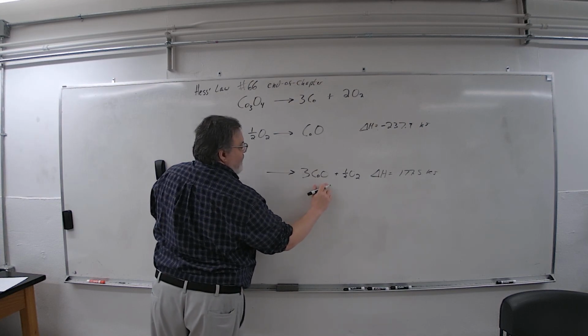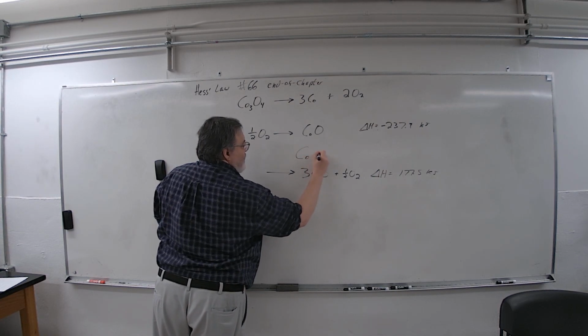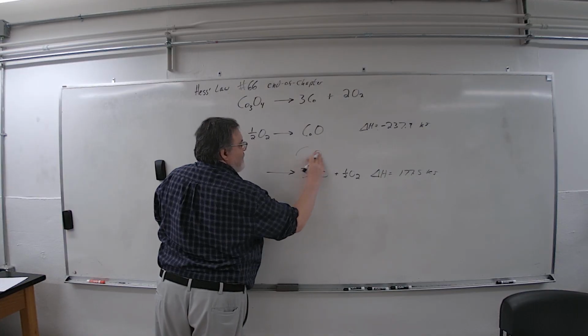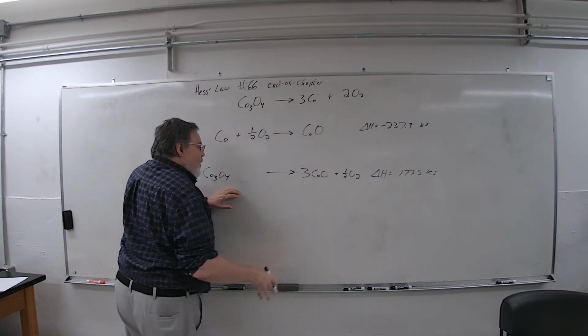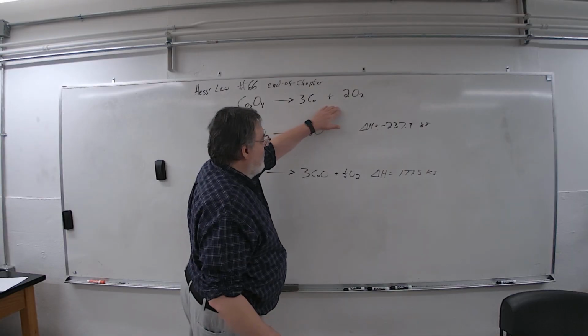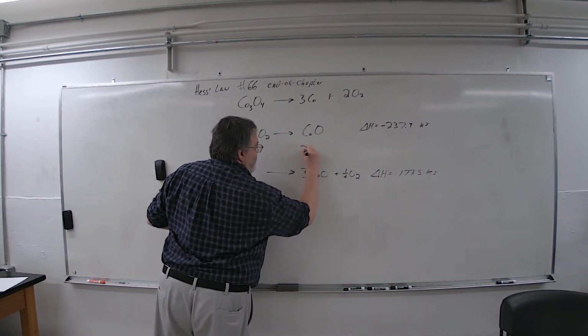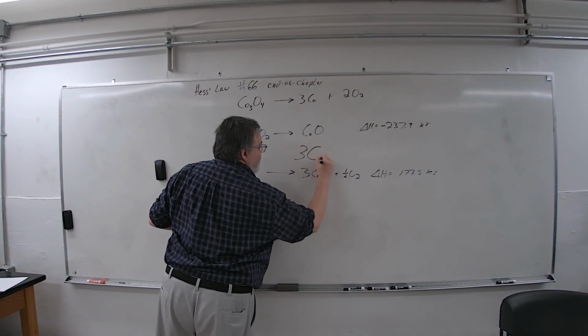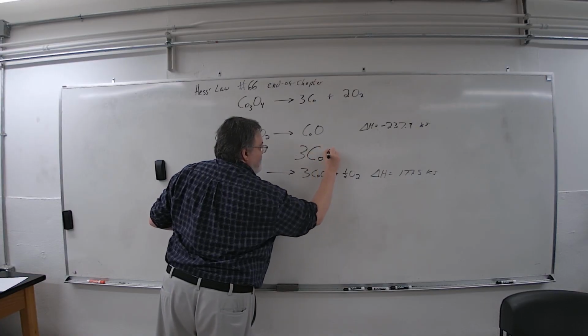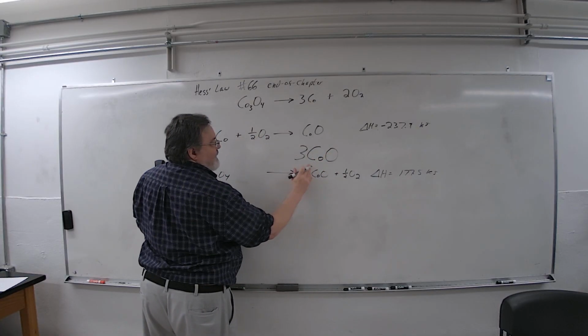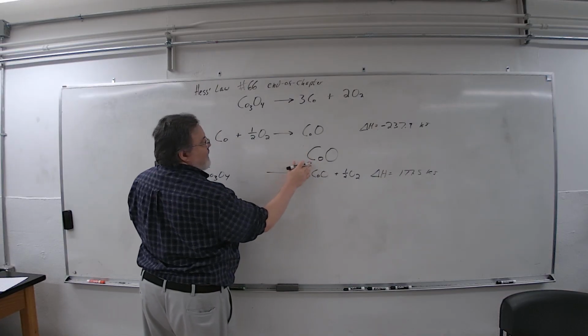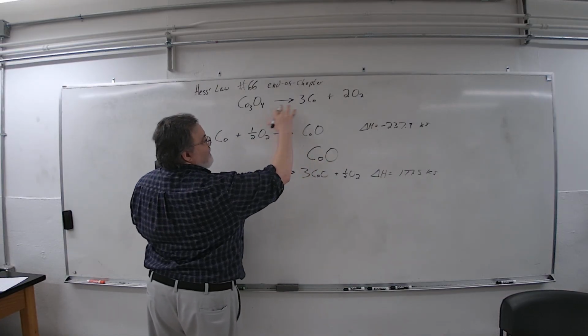Notice that CO, this is Co for cobalt and O for oxygen. CoO doesn't show up here. I need that to go away. This is, in case it's not obvious, 3, C, lowercase o, uppercase O. I need the CoO to go away because it's not up here anywhere.